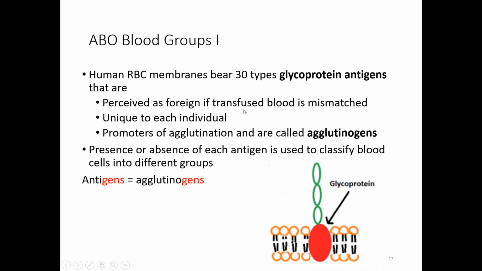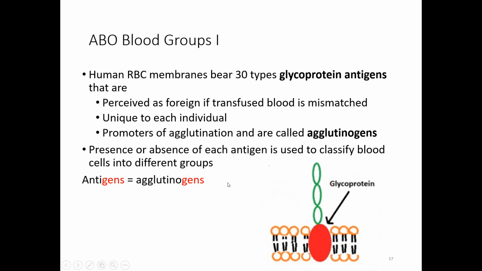So if a person with glycoproteins of one shape receives transfused blood with glycoproteins of a different shape, the immune system of that person can attack those transfused blood cells, causing a blood transfusion reaction. It's dangerous. So those antigens are unique to each individual. Another name for them would be agglutinogens.